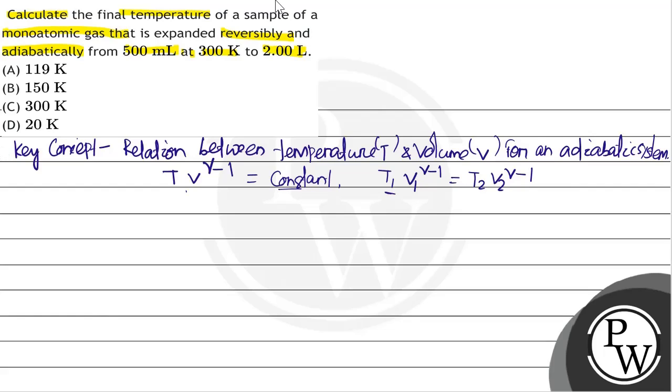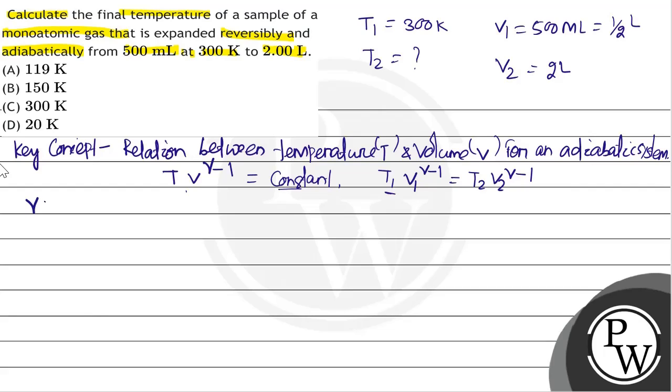So T1 we can write as 300 Kelvin, T2 we have to find out, V1 equal to 500 ml equal to 1 by 2 liter and V2 equal to 2 liter. To find out the gamma we will use gamma is equal to Cp by Cv.